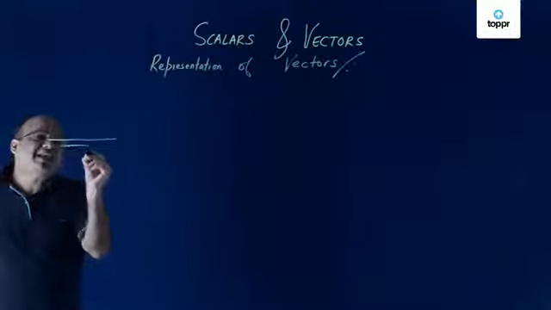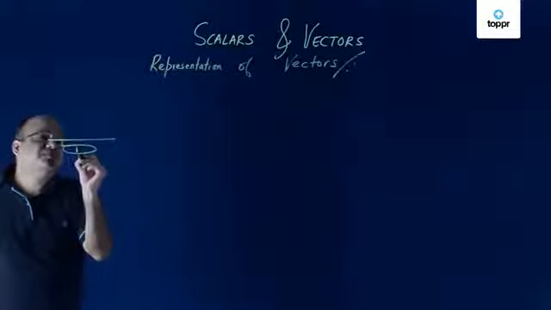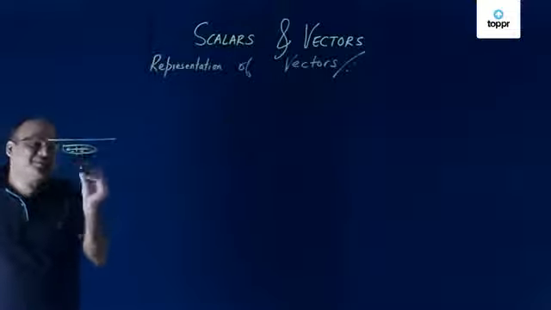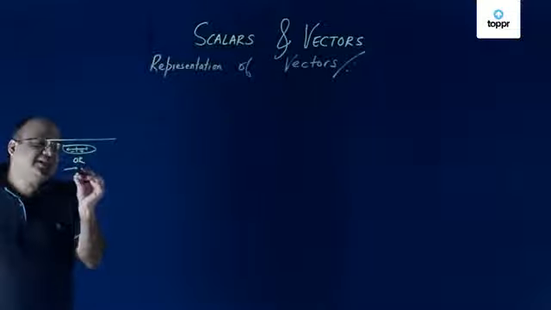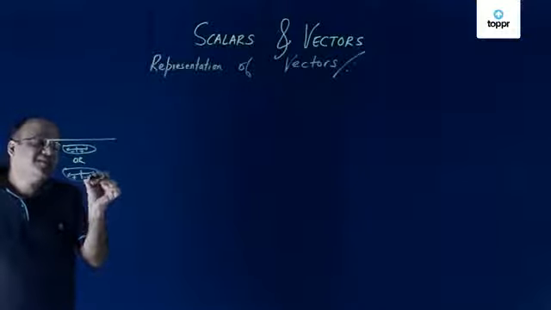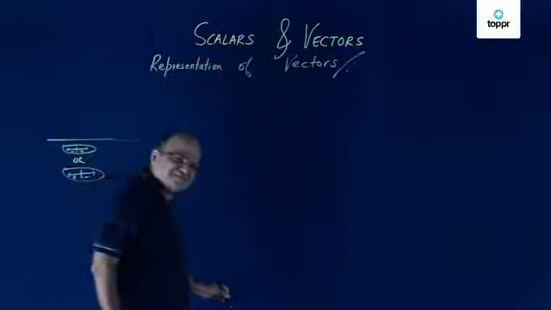We can call any direction positive. Opposite direction will become negative. So either you call this plus, then this becomes minus, or if you don't like that, there is no harm in calling this plus, then this will become minus.